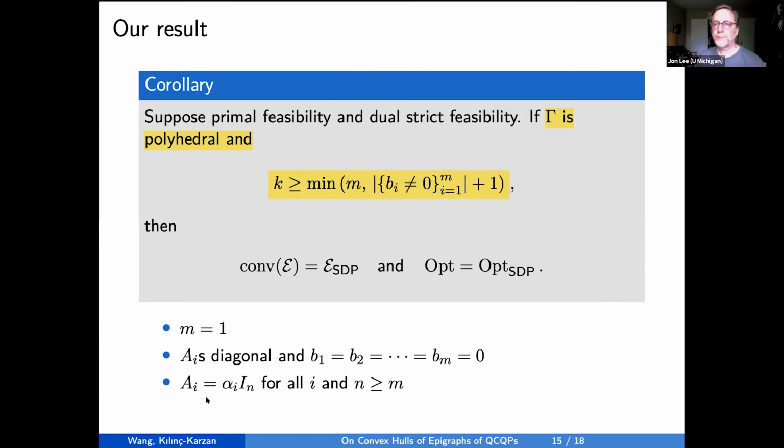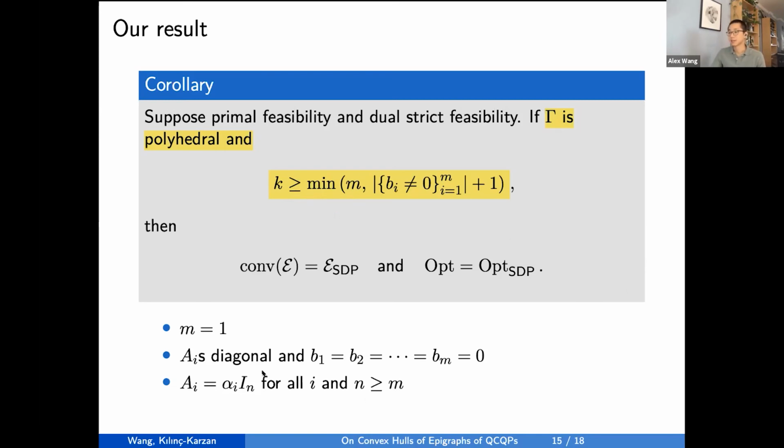In this case, gamma will be polyhedral simply because the a sub i's are diagonal again, and k, the quadratic eigenvalue multiplicity, will be equal to n for identity matrices, because you can think of each a sub i as alpha i repeated n times down the diagonal. And so k, which is equal to n, will be at least m.